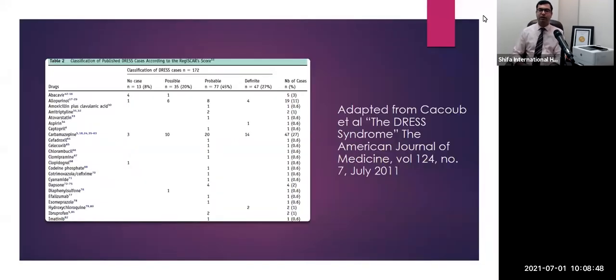Now, what does DRESS or any drug hypersensitivity involve? Which drugs can cause those? Unfortunately, there is no one group of drugs in specific. You can see a whole list of them. Most common are NSAIDs, antibiotics, and then antihypertensives as well.